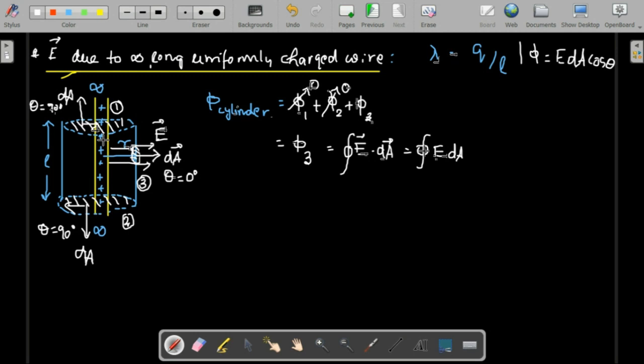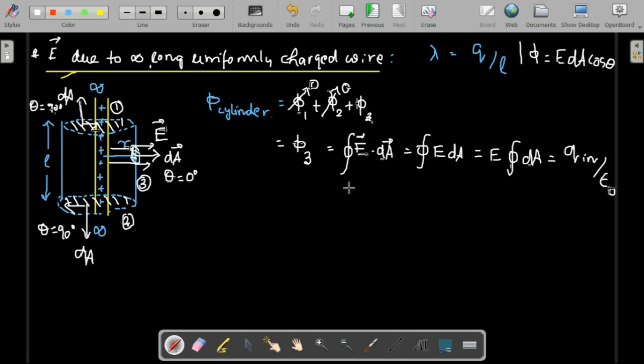Whatever is the field here, same is here, same is here, and so on. So that means the electric field can come out of the integral sign, and I can simply write it down as E times the integral of dA. Okay, that's important. But by Gauss's law, this flux that we are talking about is equal to nothing but the total charge inside, let me write it down as q inside divided by epsilon naught. So the statement is already there.